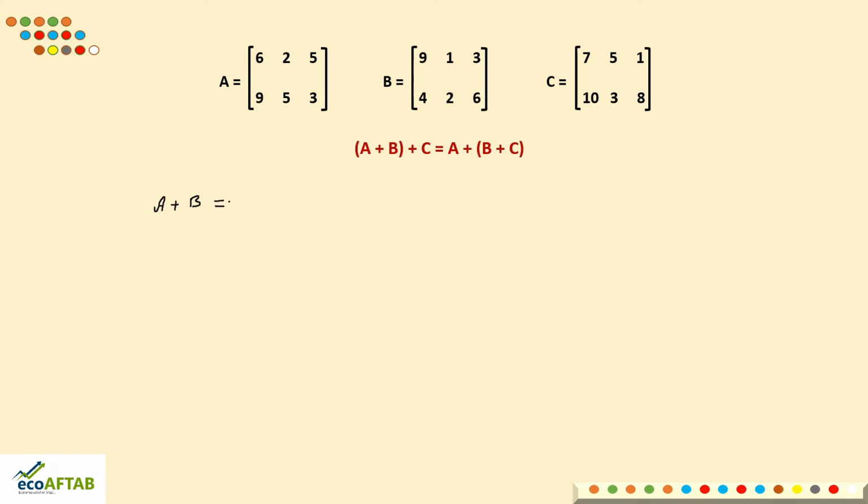So 6 plus 9, similarly 2 plus 1, 5 plus 3, and the next row is 9 plus 4, 5 plus 2, 3 plus 6.